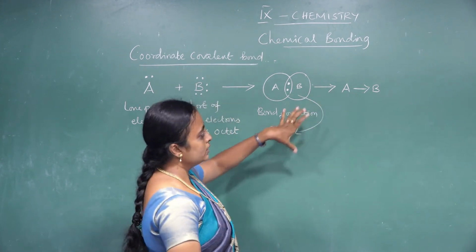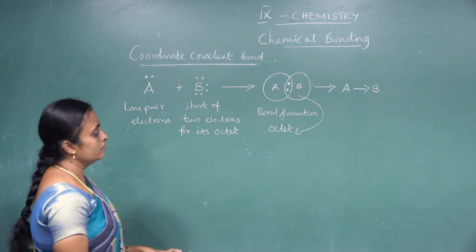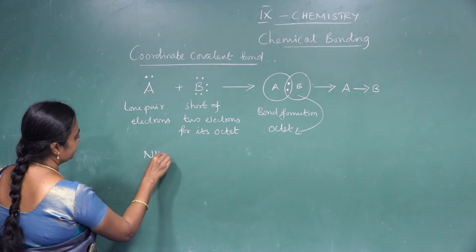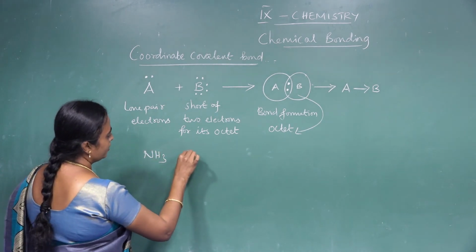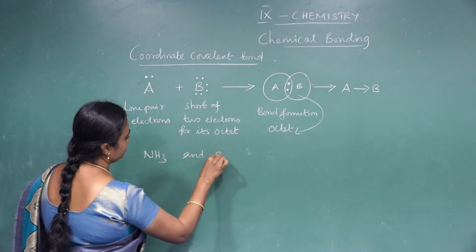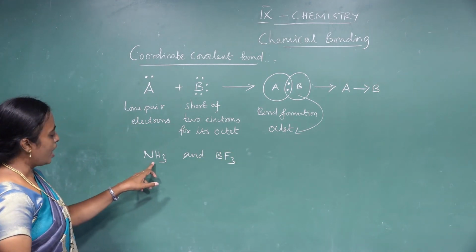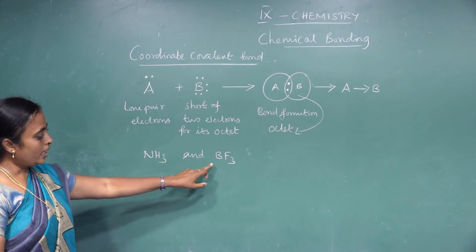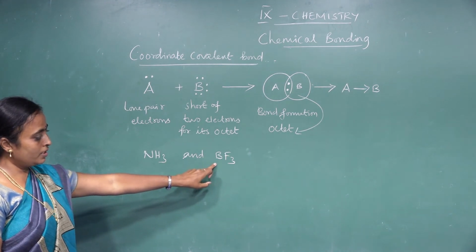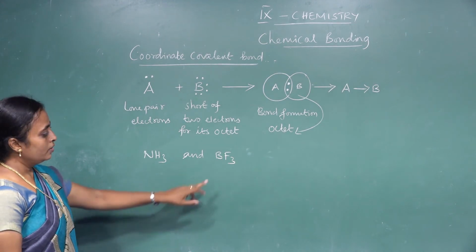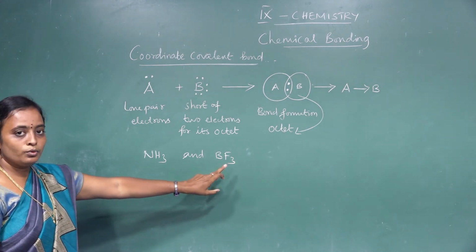Okay, so I can explain this mechanism with the example of ammonia and the BF3 molecule. Here we have ammonia, NH3, and BF3. In the BF3 molecule, it is an electron deficient center, so that will act as a Lewis acid.